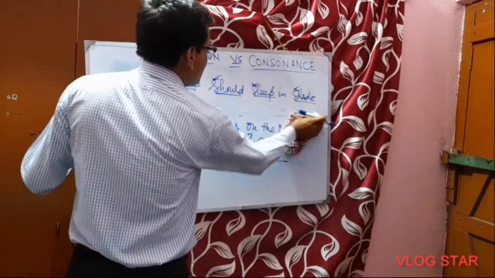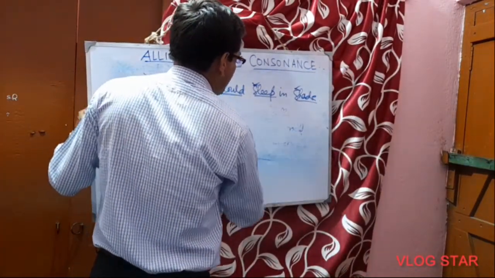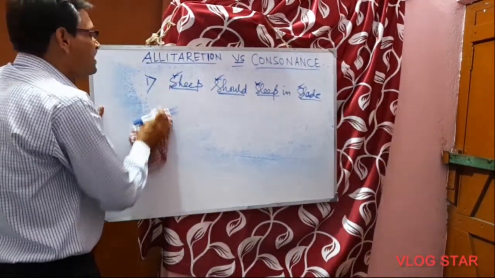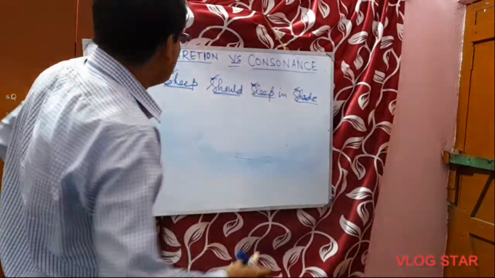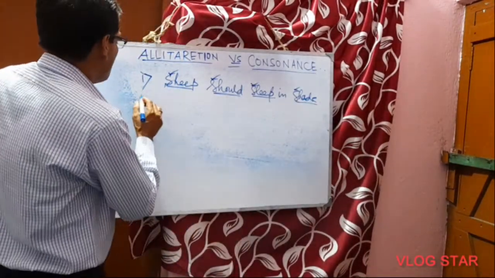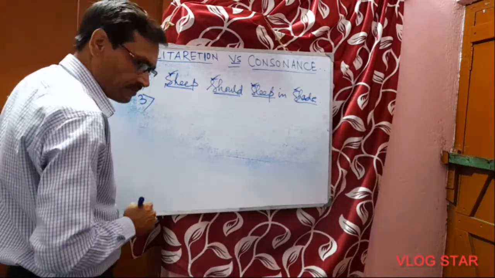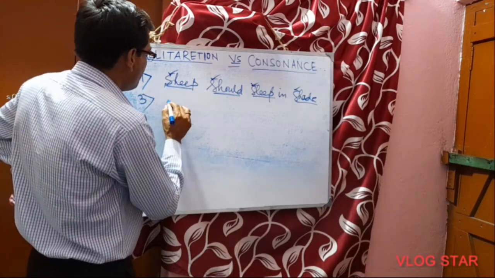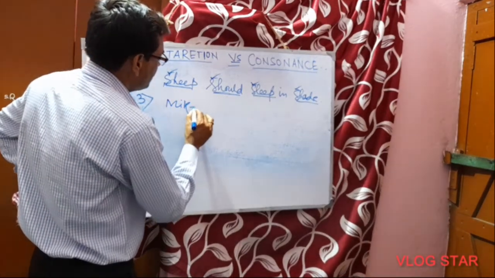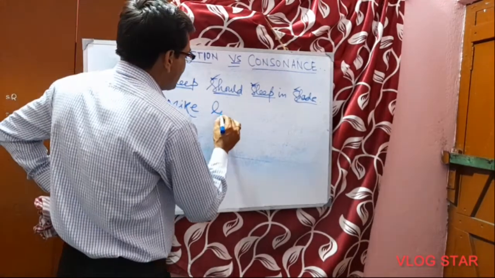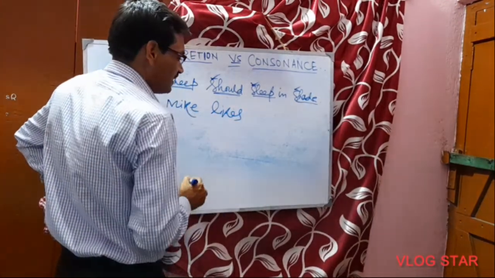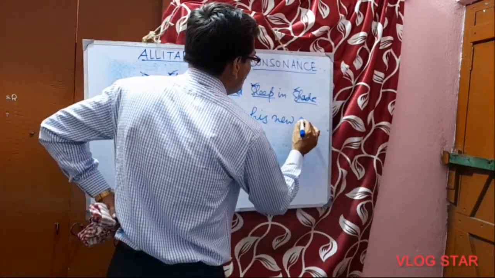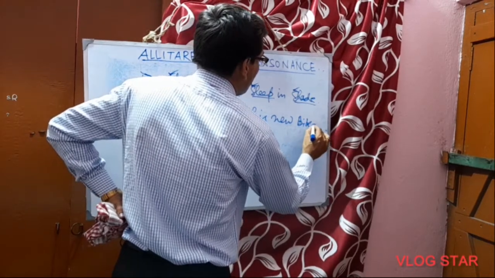If you consider this example, it will be more helpful for you to differentiate what is alliteration and what is consonance. Now example 3: Mike likes his new bike.